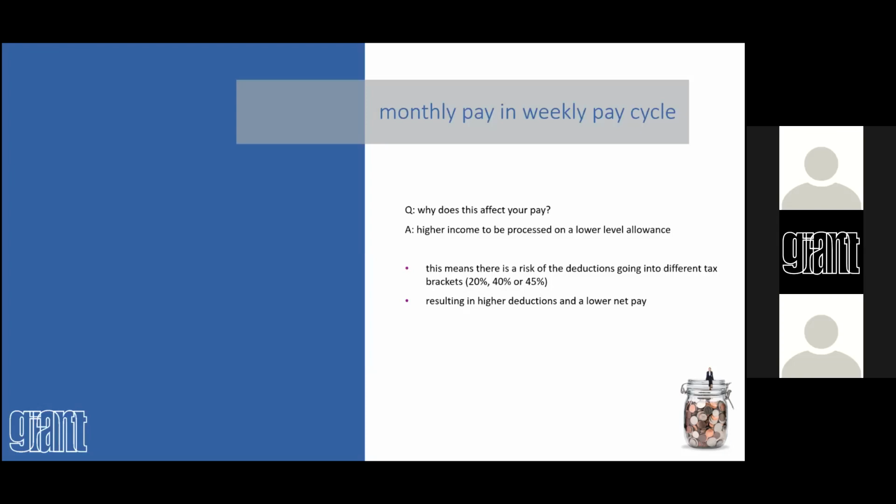This means more of the income will be subject to taxation, resulting in higher tax deductions and reduced net pay. The difference in tax allowances would be £720, 3 weeks of weekly allowances, as opposed to the monthly tax allowance of £1,041. If your agency or client will pay Giant on a monthly basis, please ensure that we have you placed on a monthly pay type, so you can always receive the appropriate tax allowance.